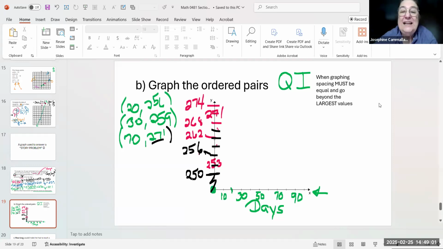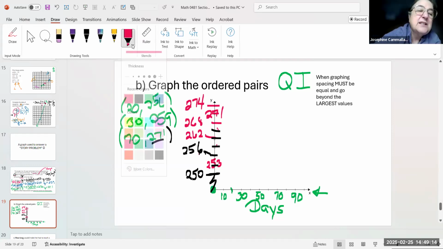Now, graphing is something you're going to have to get used to, and graphing on my computer screen is not the greatest, but it gives you an idea because now I want to graph these points.